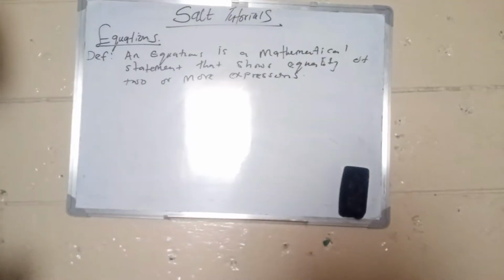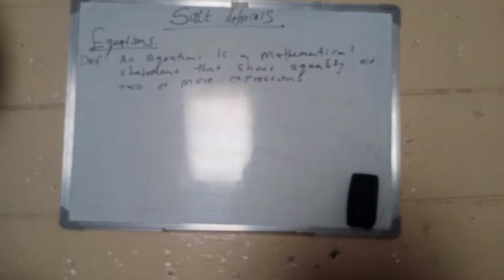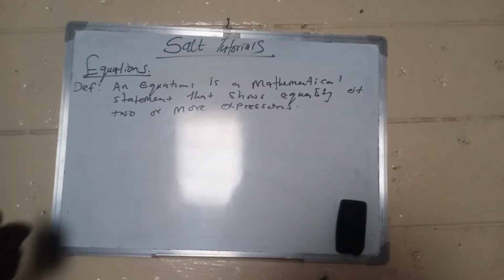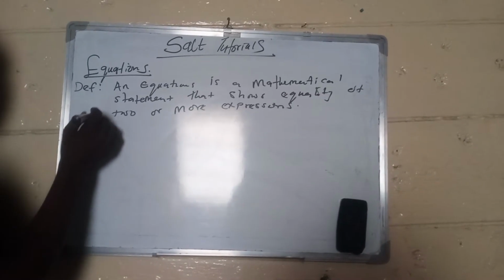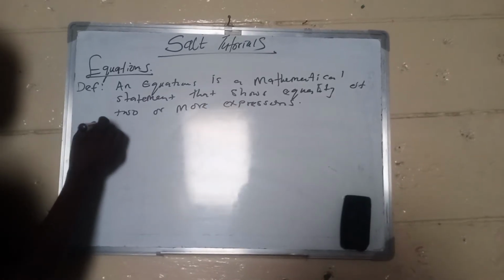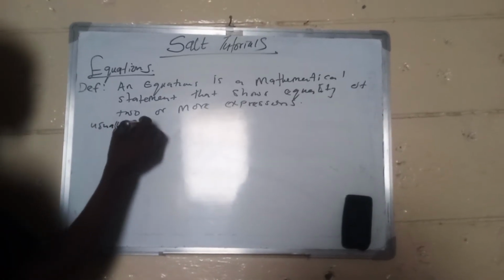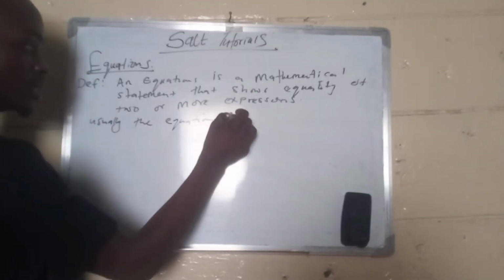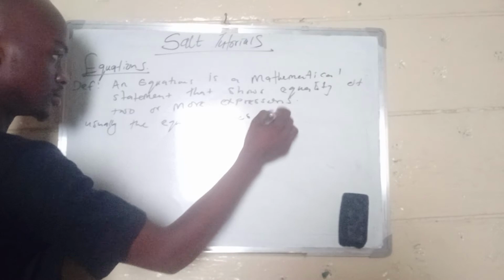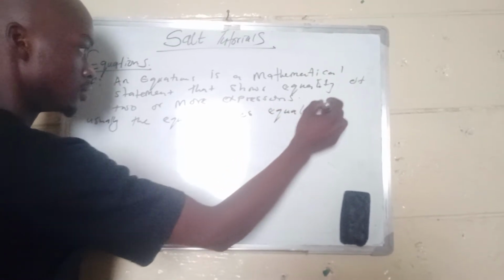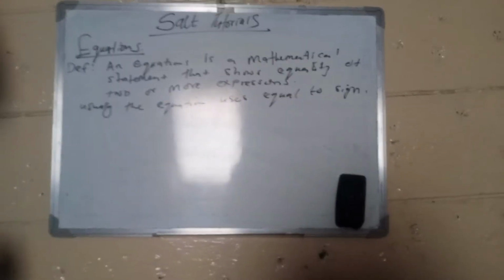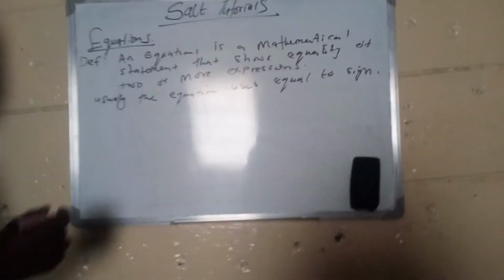So if you're talking about it, it's just a statement which shows equality of two or more expressions. Usually the equation uses an equal to sign. So by simply saying a mathematical statement which shows the equality of two or more expressions, what do we mean?